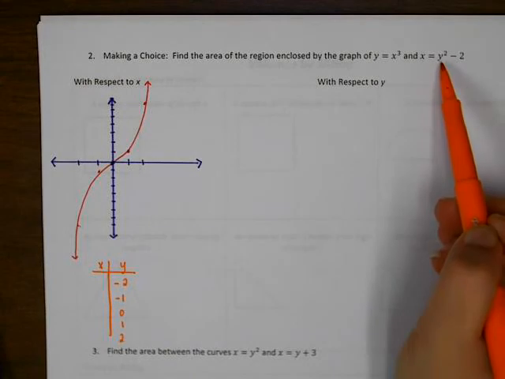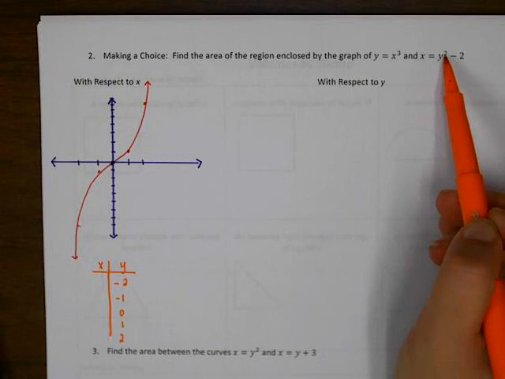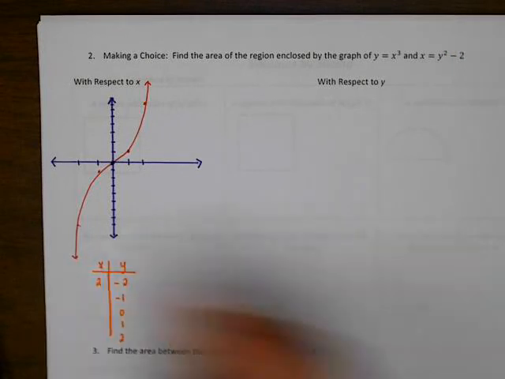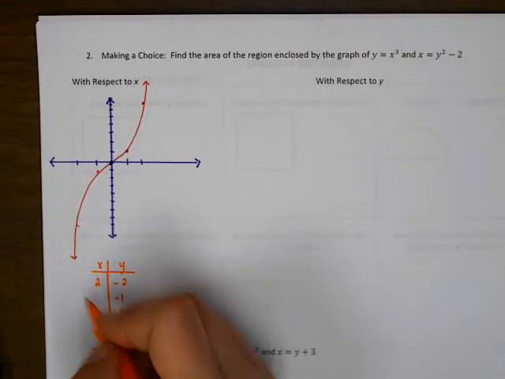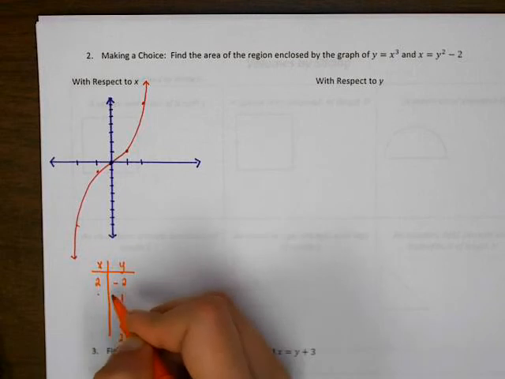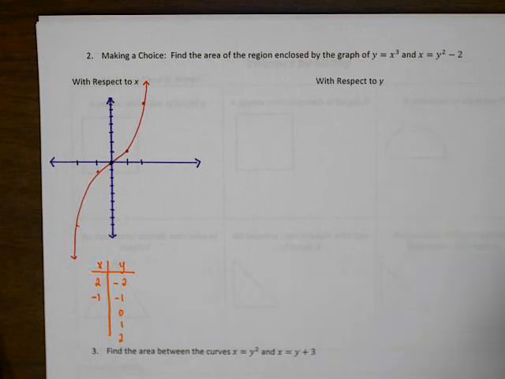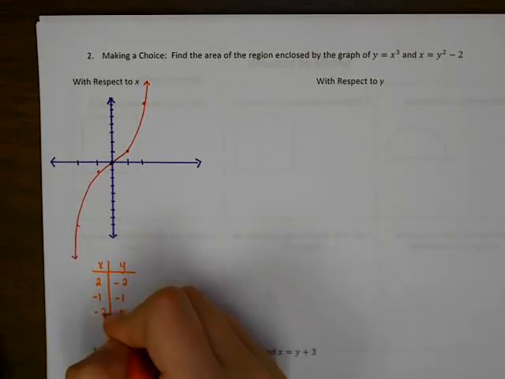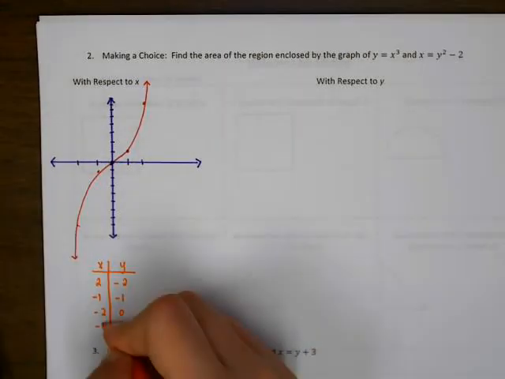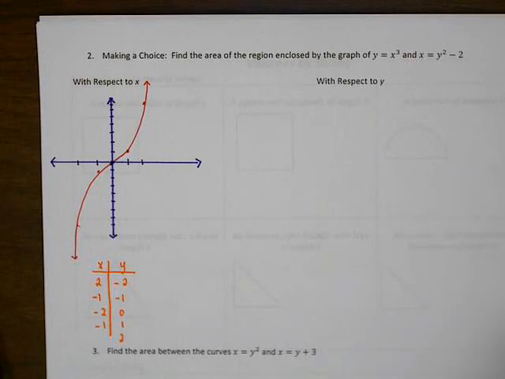So when y is negative 2, negative 2 squared is 4, minus 2 is 2. Negative 1 squared is 1, minus 2 is negative 1. Sorry, 0 squared is 0, minus 2 is negative 2. 1 squared is 1, minus 2 is negative 1. 2 squared is 4, minus 2 is 2.